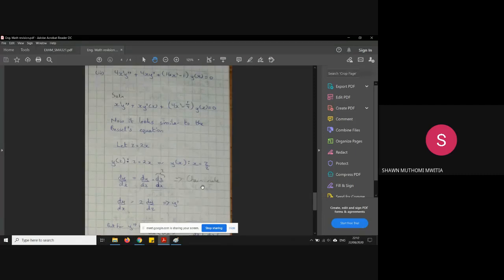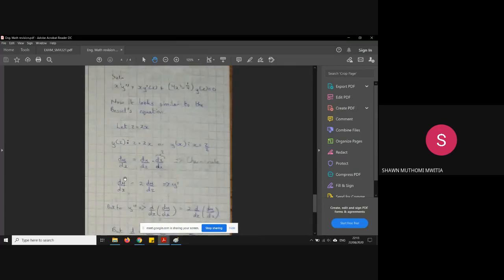This is why we use the chain rule over here. dy over dx equals dy over dz times dz over dx. Over here, we chose z equals 2x, so dz over dx will straight away be equal to 2, which is what I'd written over here. So dy over dx will equal 2 dy over dz. This is what we'll use to replace this first derivative.